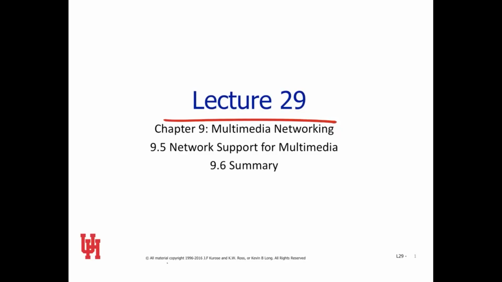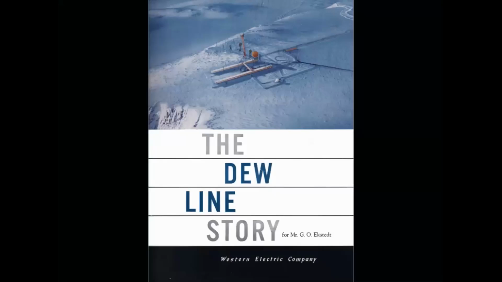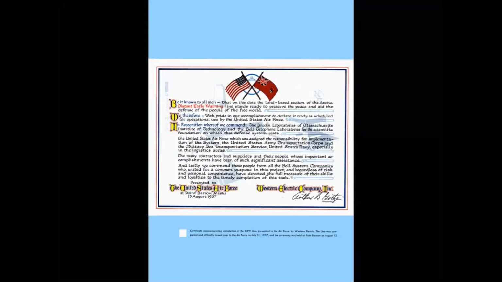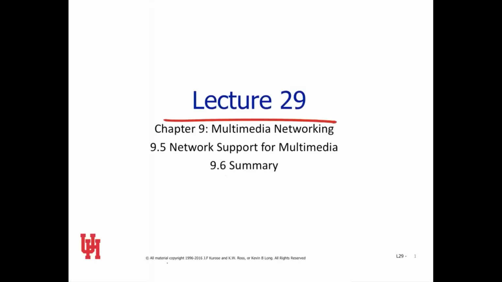So we may not need 2 hours to do this, and so I also have some fun things like a project called the Distant Early Warning Network, which is a series of subarctic network terminals that were built for the United States government, and we'll look at some of that, which is kind of a bizarre network to build.